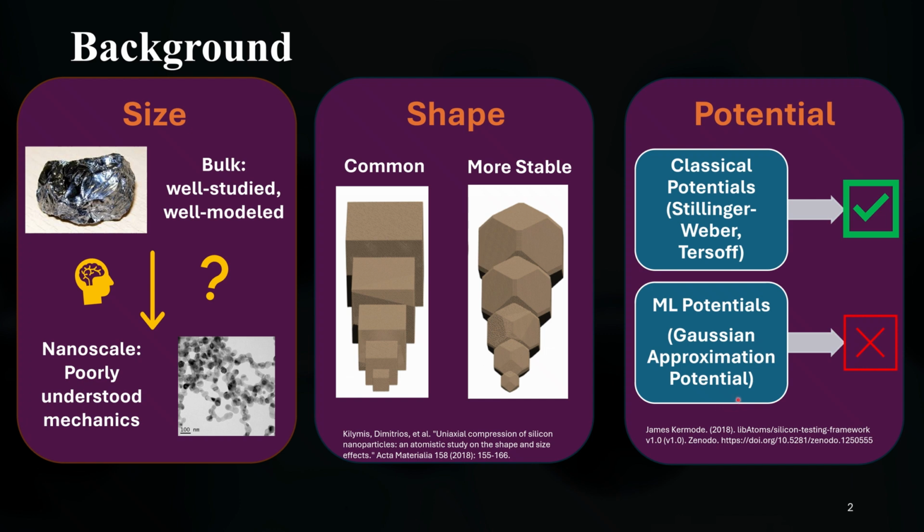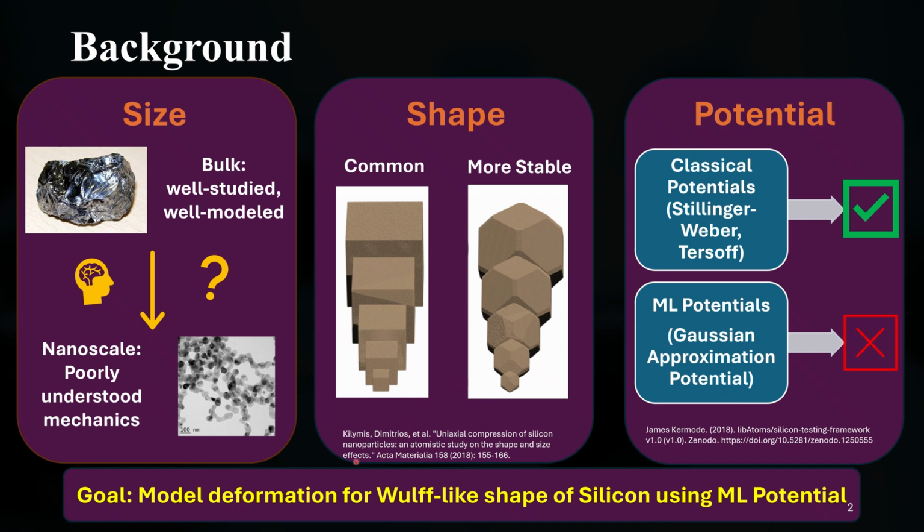So that leads to our goal. Our goal is to model the deformation for a wolf-like shape of nanoscale silicon using a machine learning potential.